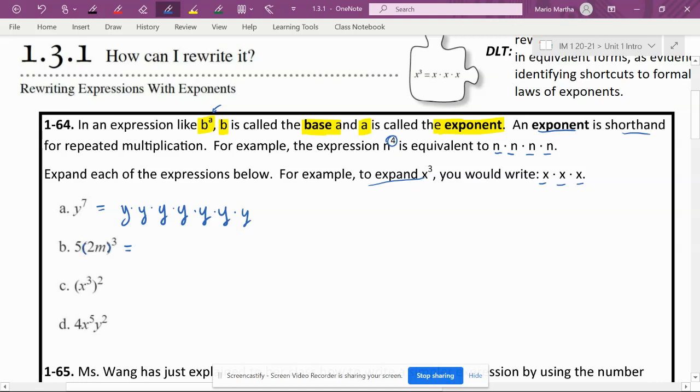Remember, parentheses and a number outside means multiplication. So we just need to expand this 2m. The 5 is outside the parentheses, so we don't have to expand it. So this would be 2m times 2m times 2m.